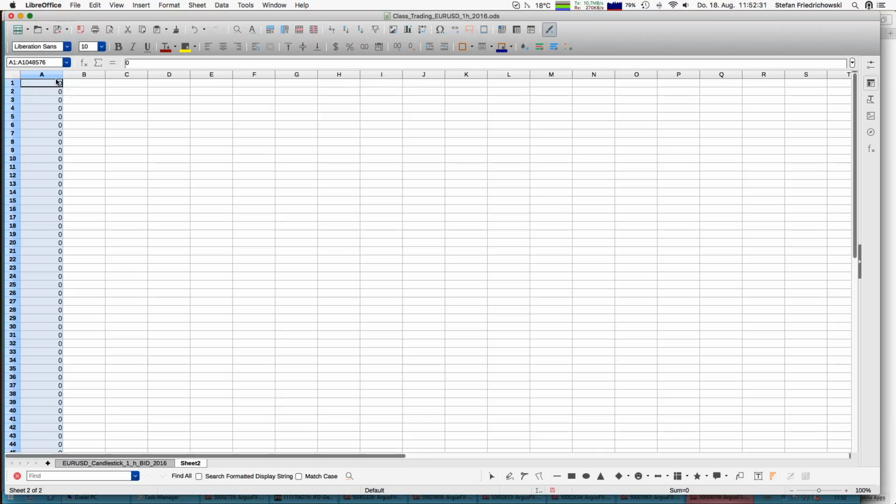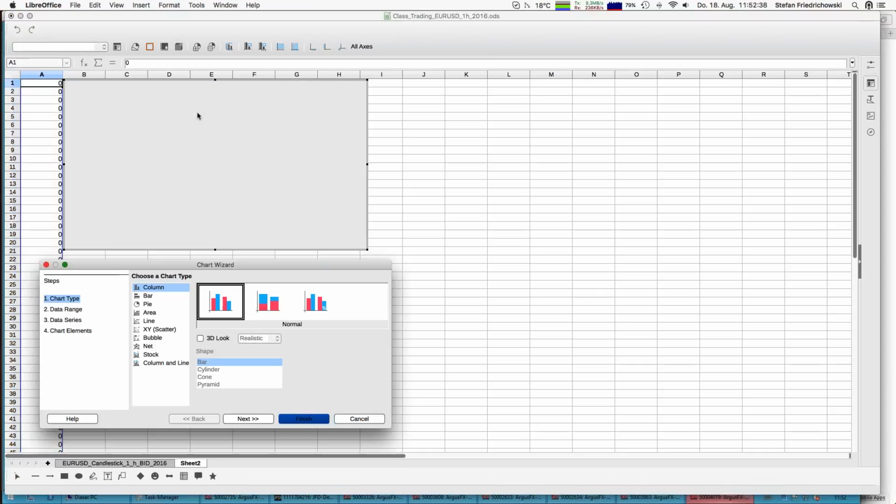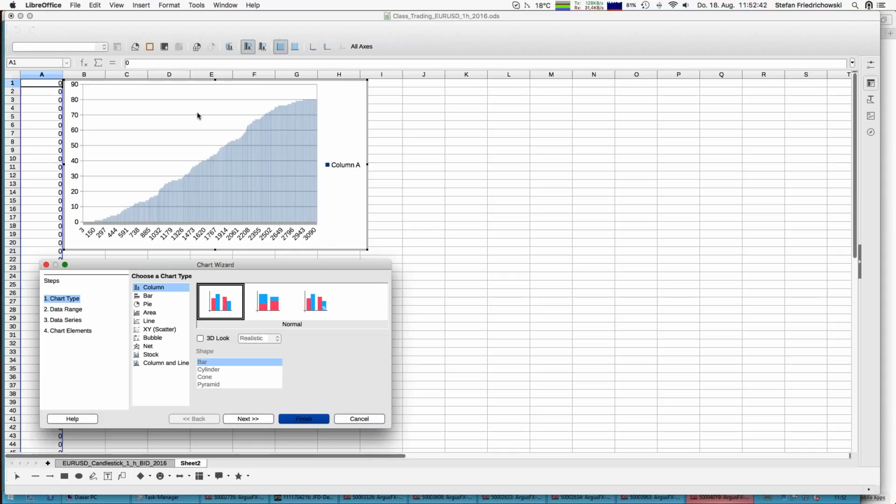And instead of applying a histogram, which would be the normal or the real tool now to see whether those numbers are distributed homogeneously, I can simply plot them here.